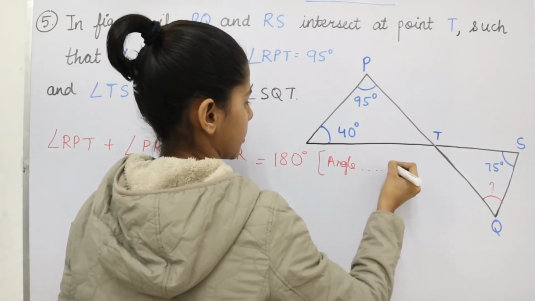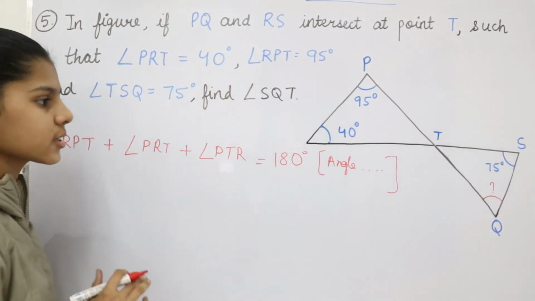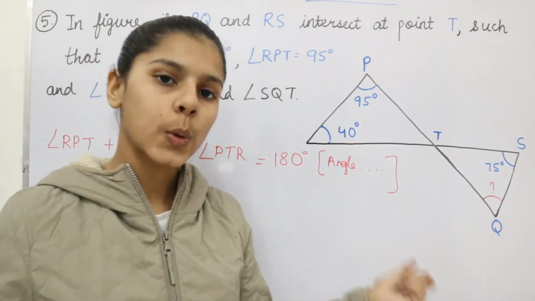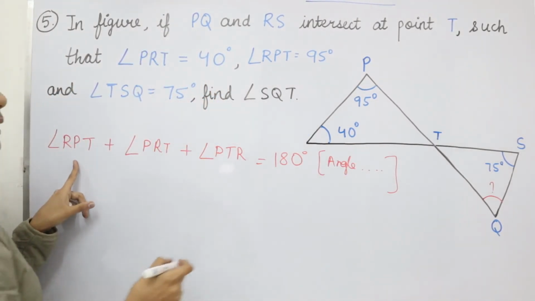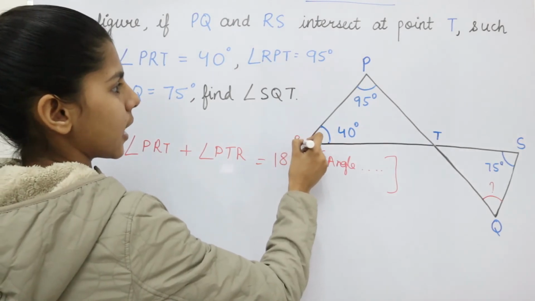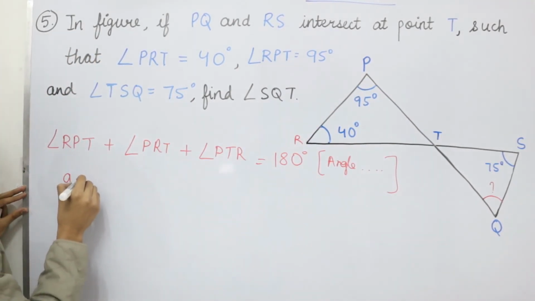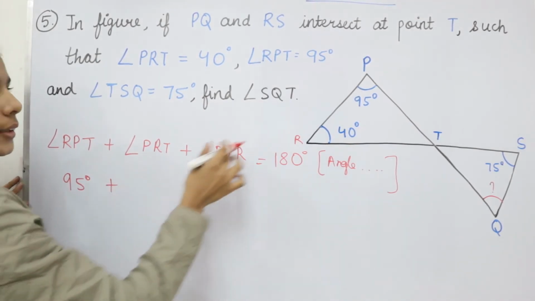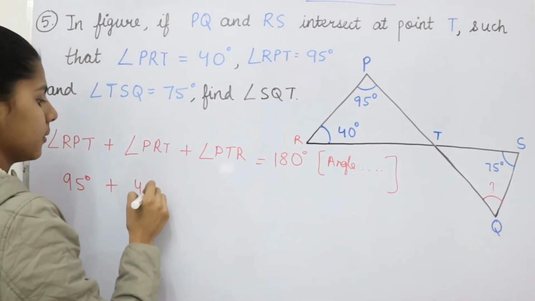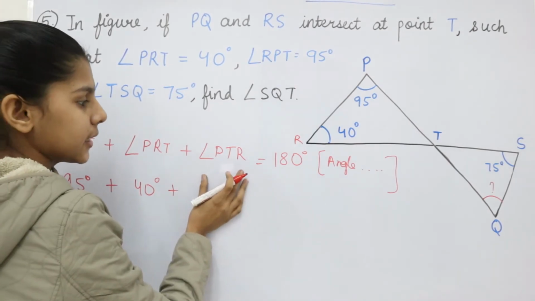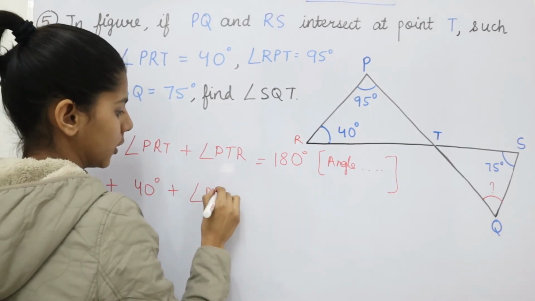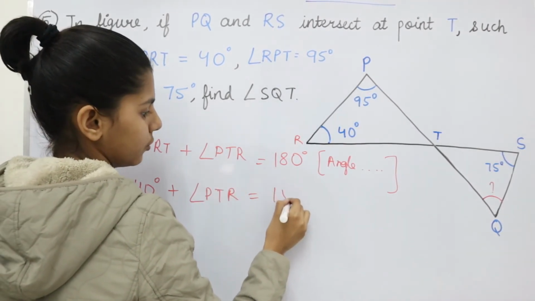The angle sum property of a triangle is 180 degrees. RPT is 95 degrees, so we will write 95 degrees here. PRT is 40 degrees. Plus PTR, which we are not aware of and are going to calculate, is equal to 180 degrees.